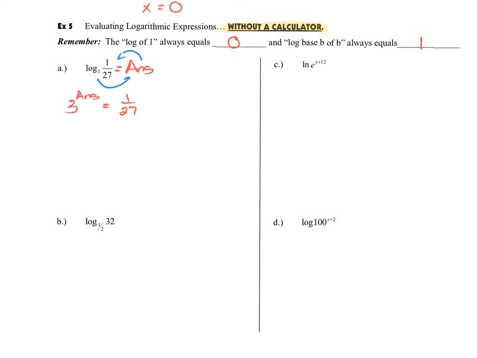So I can write this as 3 to the ANS equals, now 1 over 27 is going to be 3 to the negative 3. Now, if this is a true statement, if the bases are the same, then these exponents should be equivalent as well. So we can say that our answer, what we knew we wanted to evaluate this to, is negative 3.